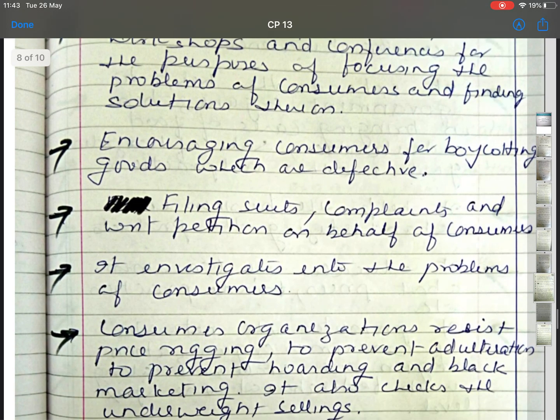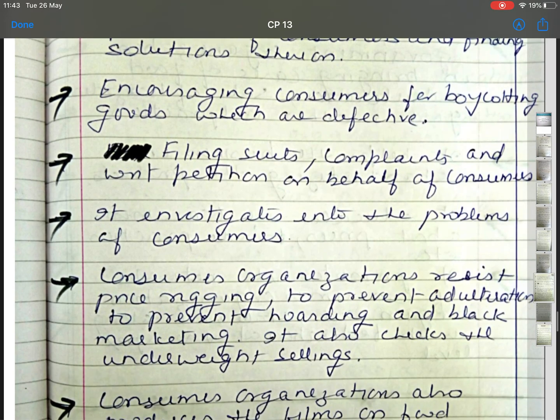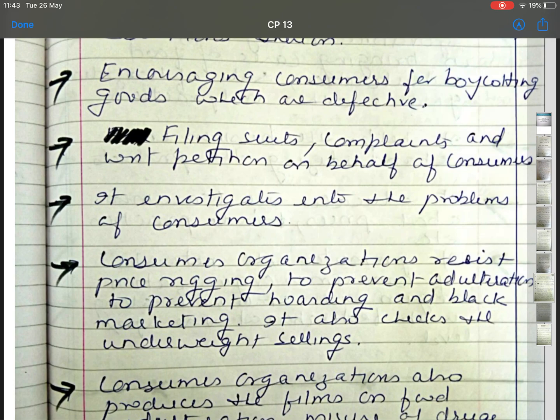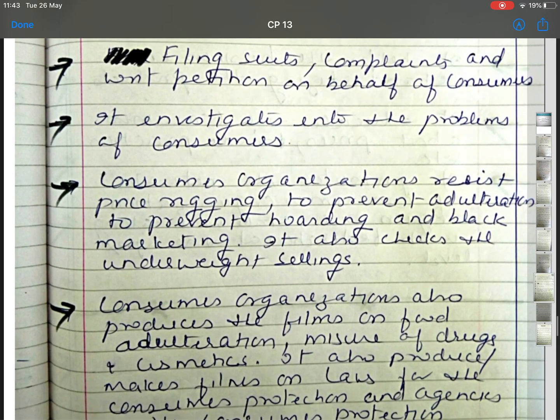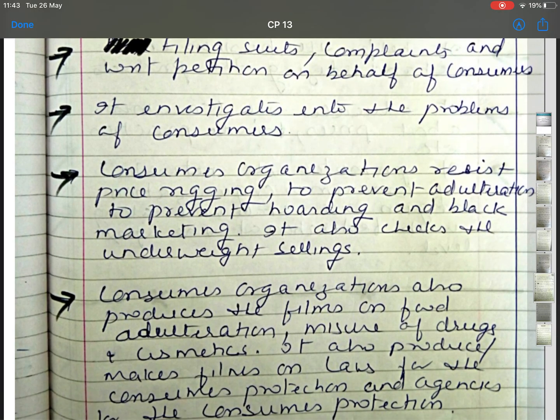Then consumer organizations file suits, complaints and writ petitions on behalf of the consumers. They also investigate the problems of the consumers. Consumer organizations resist price rigging, prevent adulteration, hoarding, black marketing, etc. They also check underweight selling in the market.